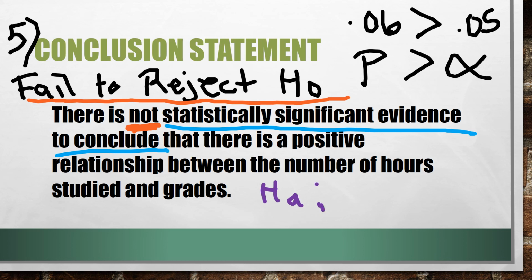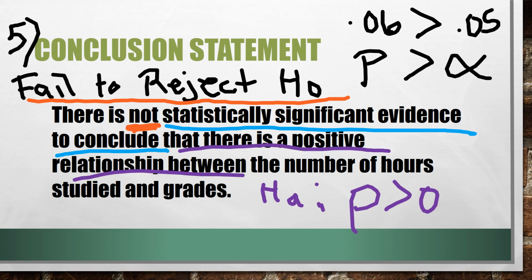And remember that was rho is greater than 0. So we said there was a positive relationship, and we're talking about the relationship between the number of hours studied and the grades. So our final conclusion statement is there is not statistically significant evidence to conclude that there is a positive relationship between the number of hours studied and grades.